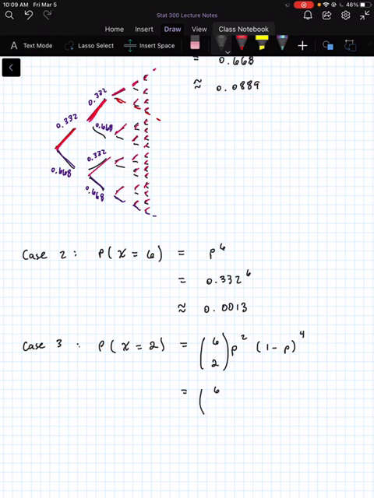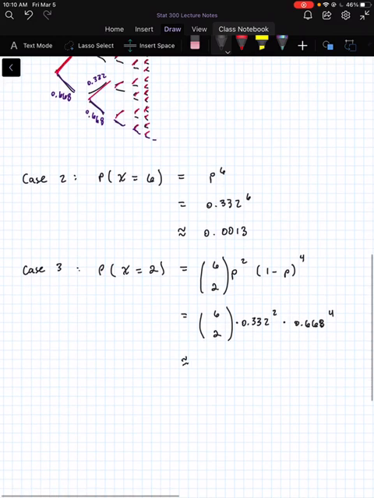So in other words, this binomial coefficient, 6 choose 2, times 0.332 squared times 0.668 to the 4th, which is roughly 0.3292.